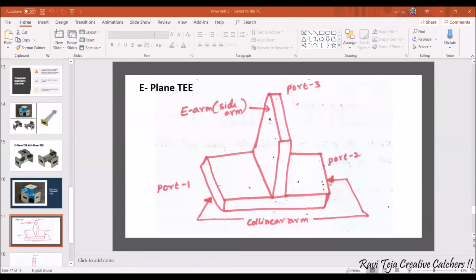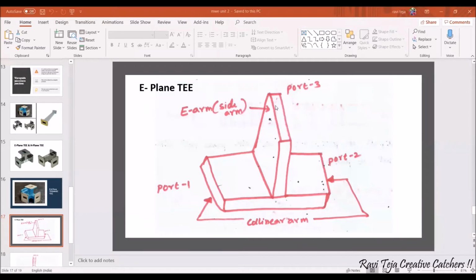Always remember, this microwave junction is used in such a way that wherever the ports are in a straight line or on the collinear arms, these ports are used as output ports. The extra port, which is on the vertical side or on the horizontal side of an H-plane T, will be considered as our input port.